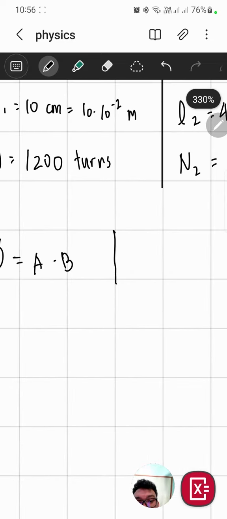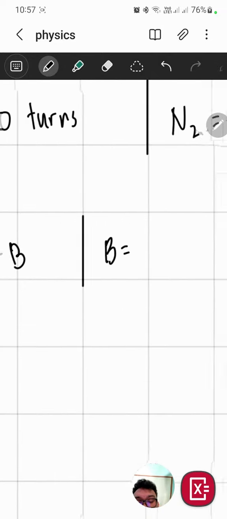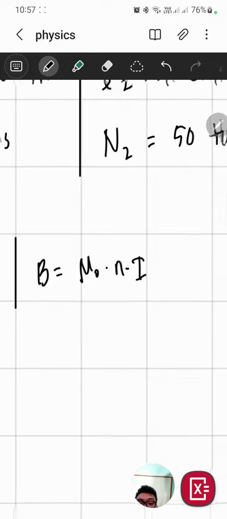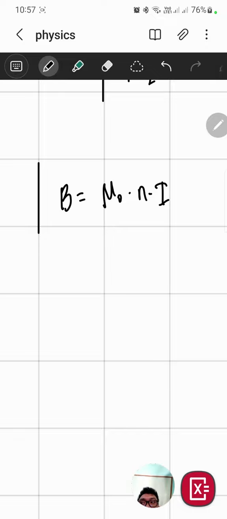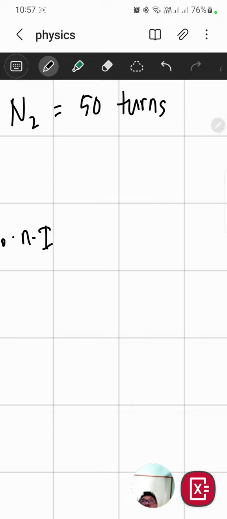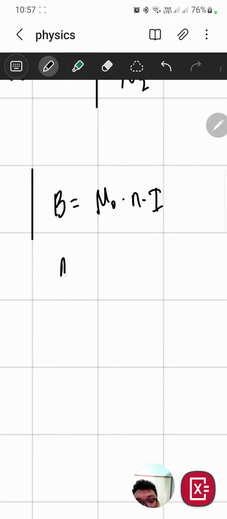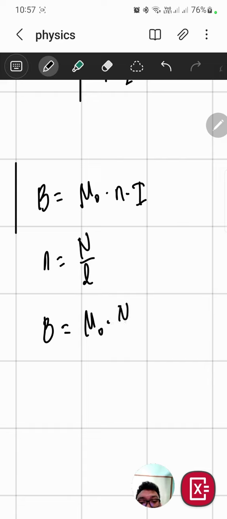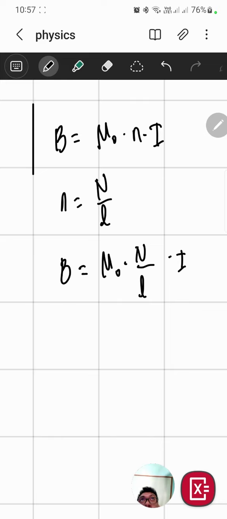The magnetic field in this area is B equal to mu 0 times n times I. As we know, the turns density n is equal to N over L. So we can substitute: B equals mu 0 times N over L times I. The mu 0 is the permeability, 4 pi times 10 to the minus 7, correct me if I'm wrong.